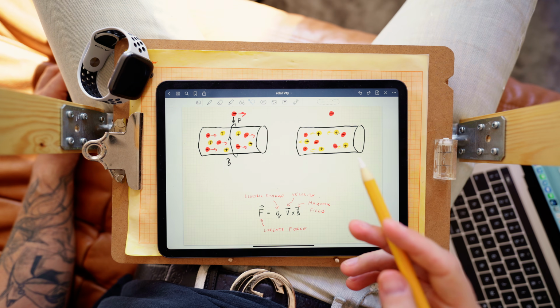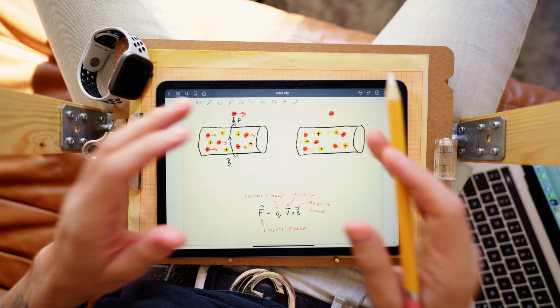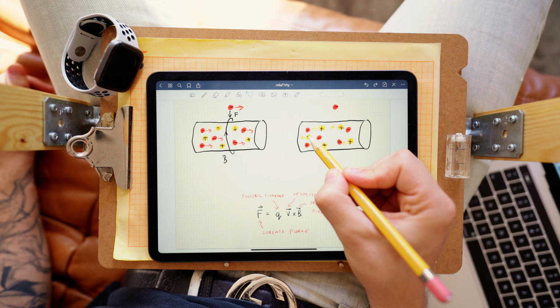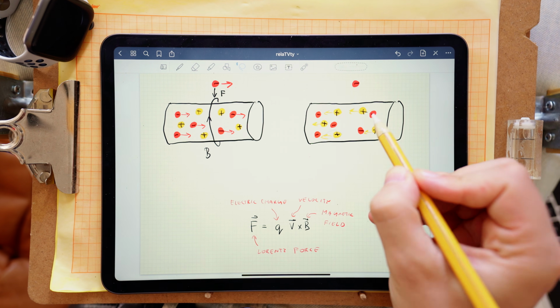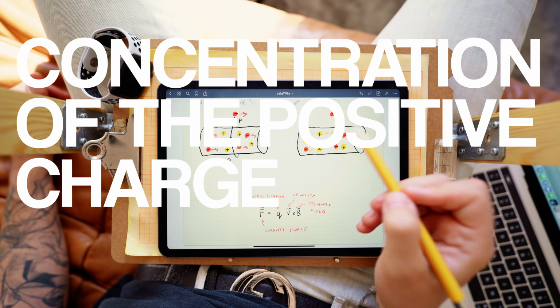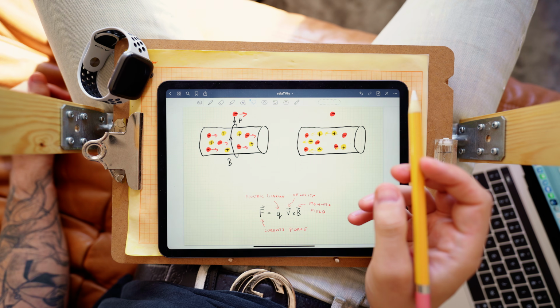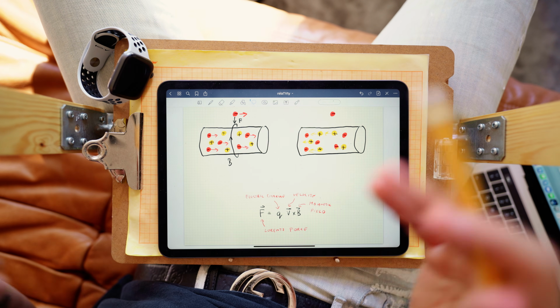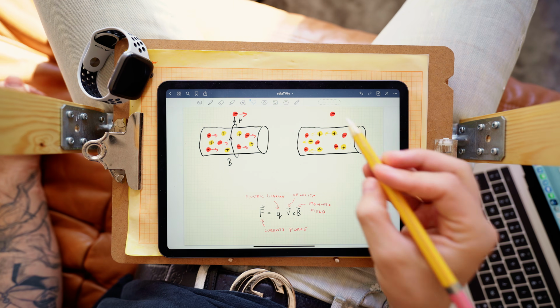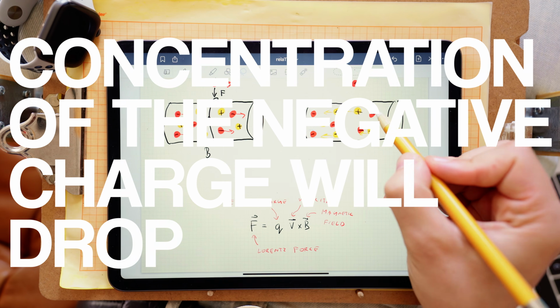All the electric charges, when they start to move, approach each other. So when we change the frame of reference into the one in which the positively charged ions move, those ions will approach each other. And therefore the concentration of the positive charge will increase. And conversely, since all the electrons stop moving in this frame of reference, they will move apart from each other and the concentration of the negative charge will drop.